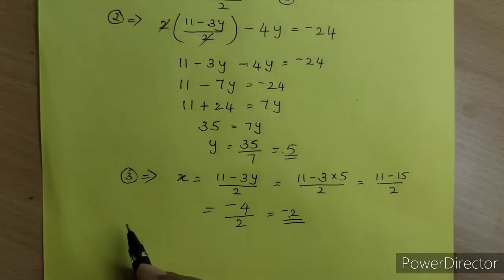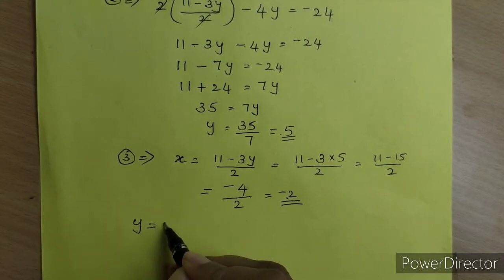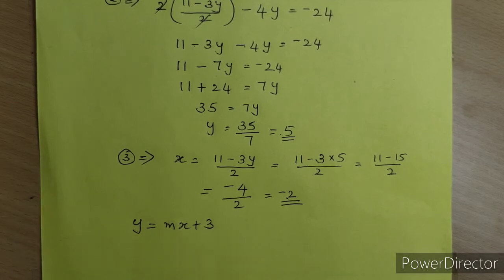Now you have to take that equation, y is equal to mx plus 3. Hope you remember the equation y is equal to mx plus 3, which is the general form of a straight line. So this is given, x and y value is not given, m is a constant and 3 is also a constant only.